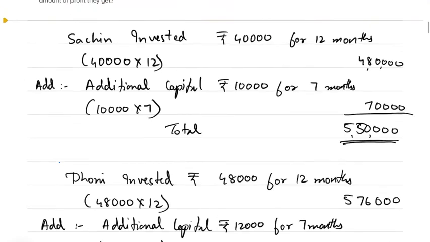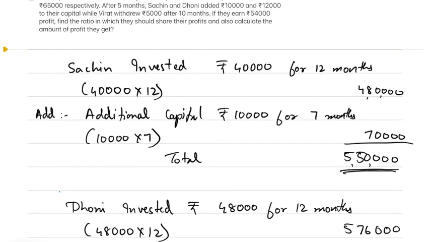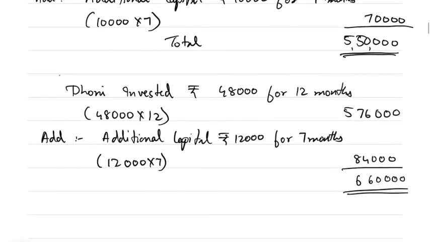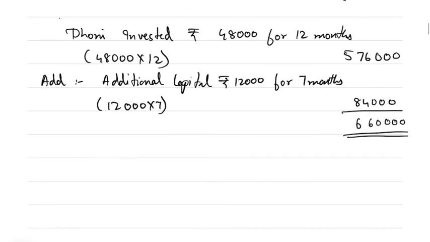Now Virat invested 65,000. Okay, and it was there for 10 months and then he withdrew 5,000. So 65,000 is there for 10 months and 60,000 for next 2 months. Okay. So Virat invested rupees 65,000 for 10 months.